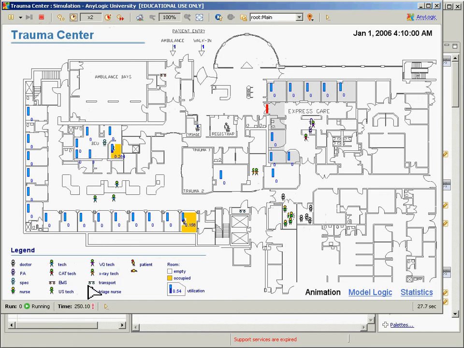Next to the nurses are doctors in a doctor's office, uncharacteristically crowded from my observation. And these individuals will go circulate, serve patients, take the patients for diagnostic procedures or for examination in a variety of rooms, and then eventually discharge patients.